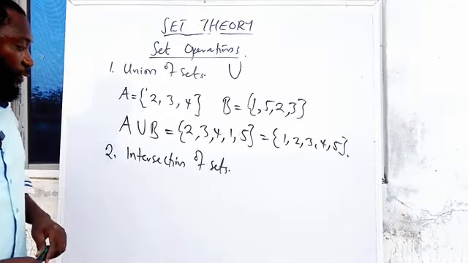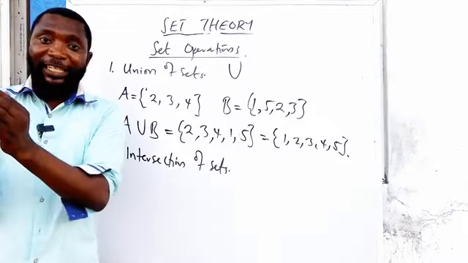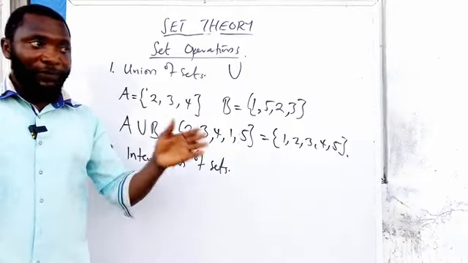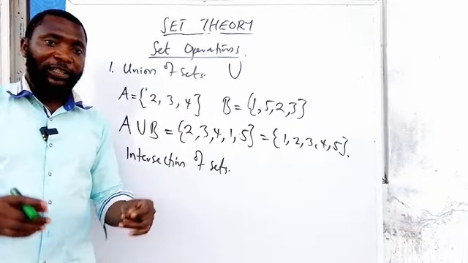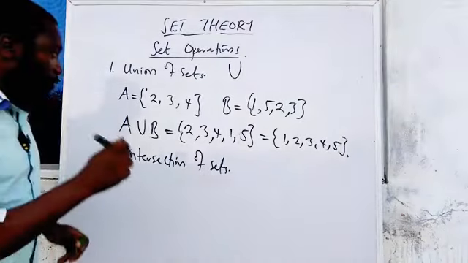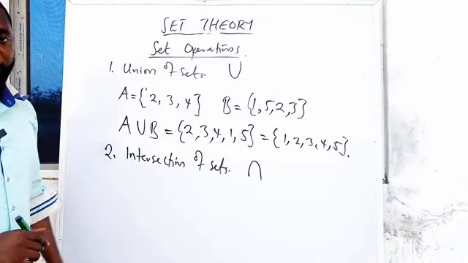Now for intersection, what do we need to do there? You take what is common in sets A and B, or if you have 3 sets, what is common to A, B, C, you take them together. And this is the symbol for intersection.